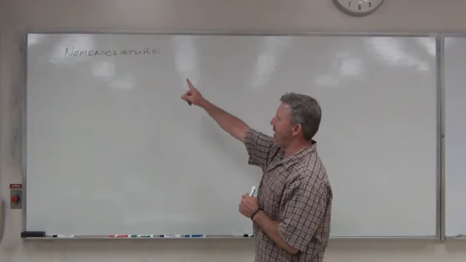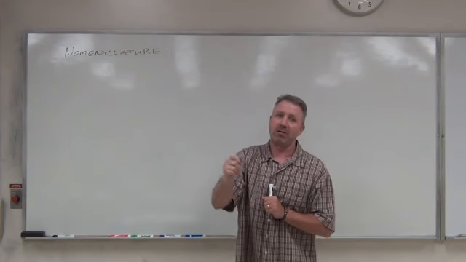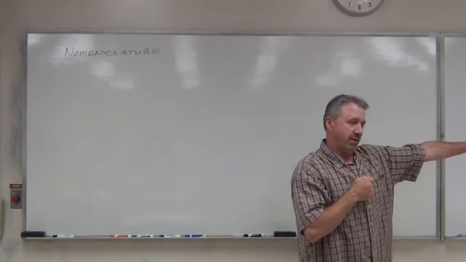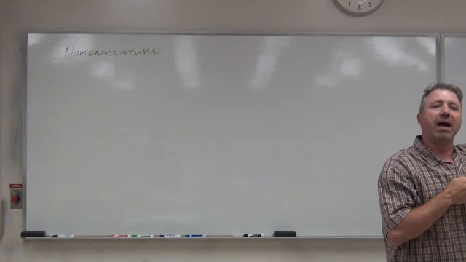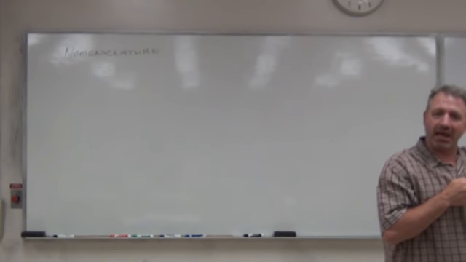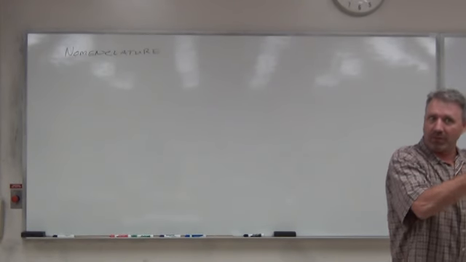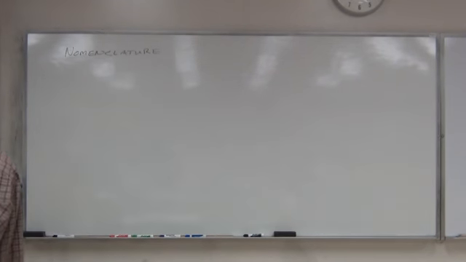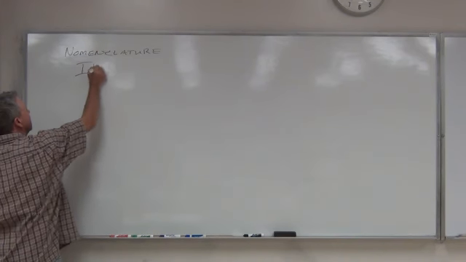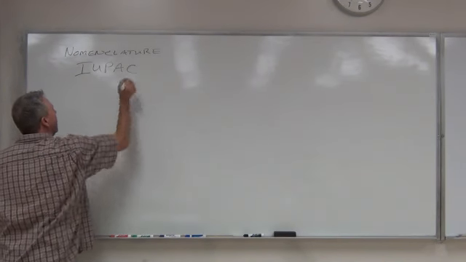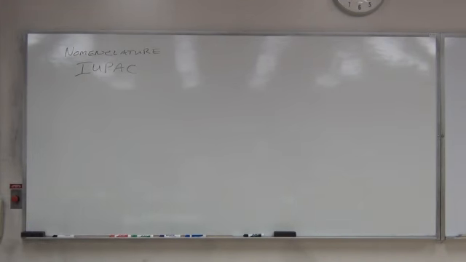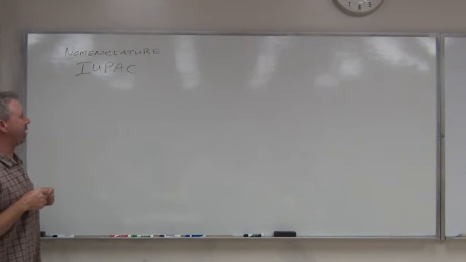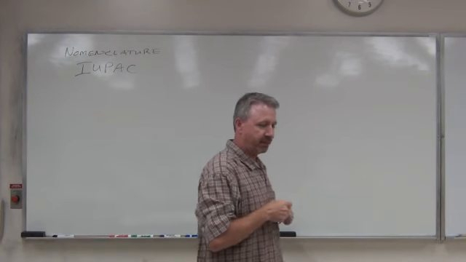Before we name the compounds, however, we have to make sure that we can name the elements, and we can name the cations and anions that are formed from those elements. So, first thing, we're going to use IUPAC, the International Union of Pure and Applied Chemistry.